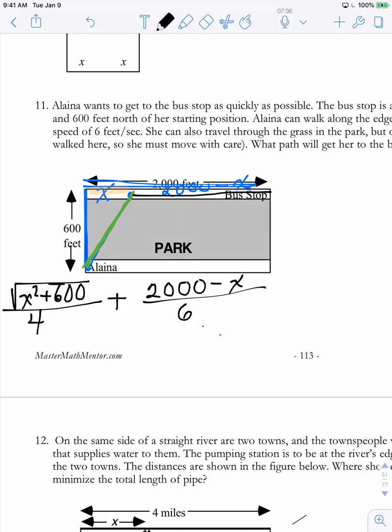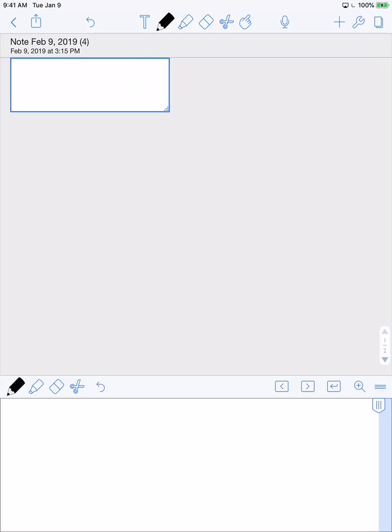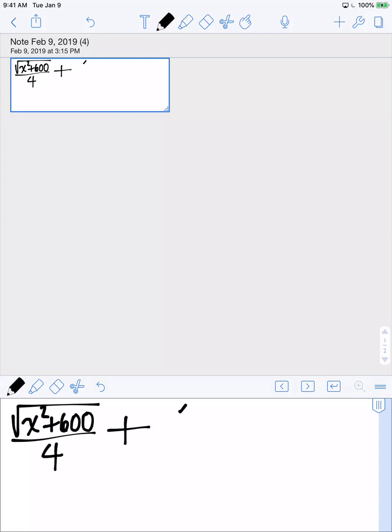And let's go ahead and do this. I'm going to actually move this to another page because we're running out of room. I don't think we need the diagram anymore. So we had the square root of x squared plus 600 over 4, and we had plus 2000 minus x over 6.